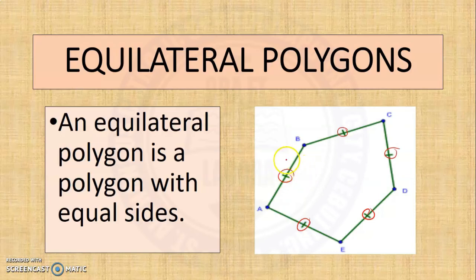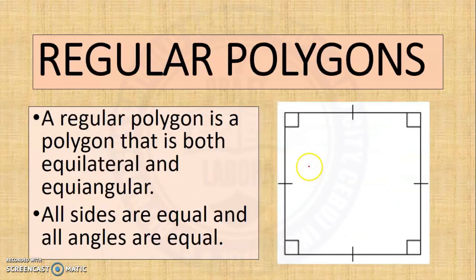So that means this is an equilateral polygon. Next are the regular polygons. When we say regular polygons, these are polygons that are both equilateral and equiangular, which means all sides are equal and all angles are equal.